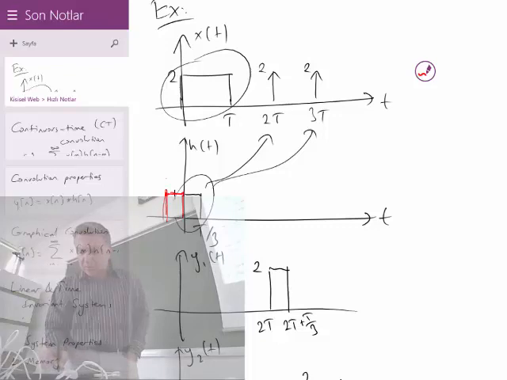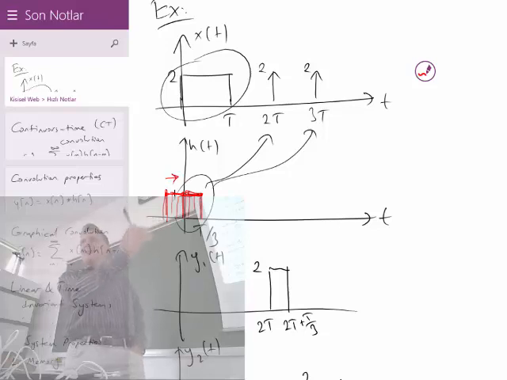Now let's push this rightwards to the right. Then it will come here, here, and then it will come here at some point, right? That point is when t is equal to capital T over 3. It will be exactly like the original black box at that position.